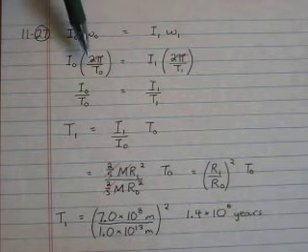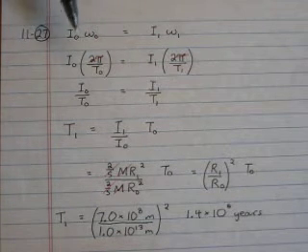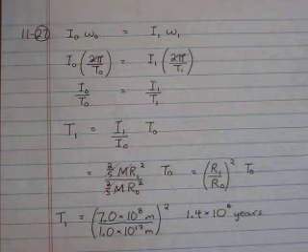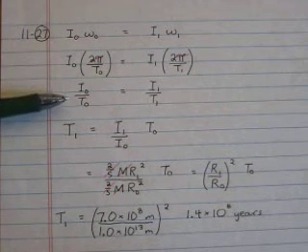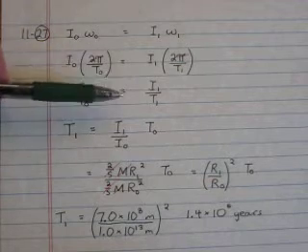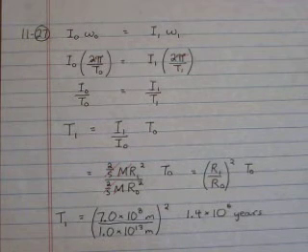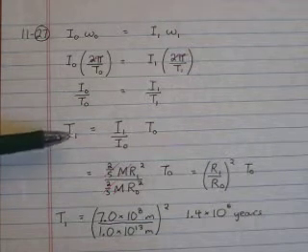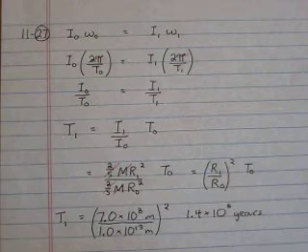When I do that, the 2 pi's divide out, and what I'm left with is I naught over T naught equals I1 over T1. The question is asking us to solve for the final period, so T1 equals I1 over I naught times T naught.